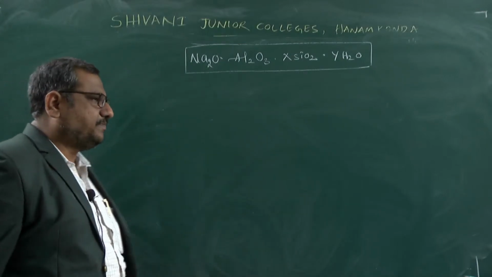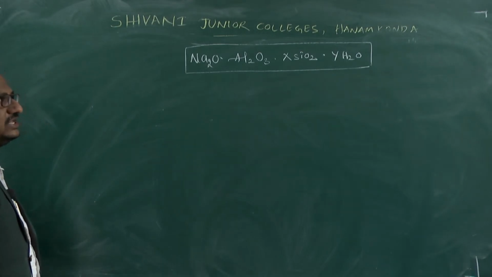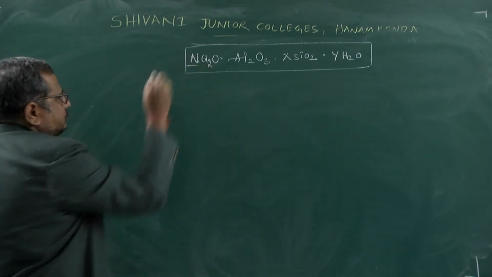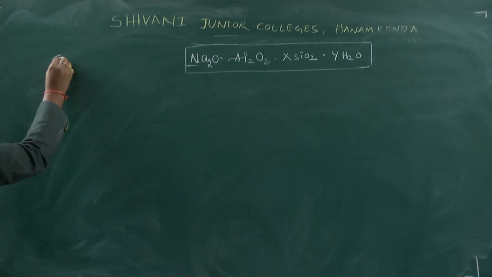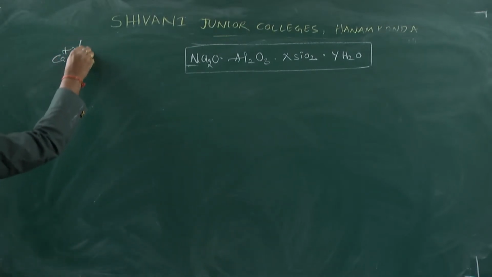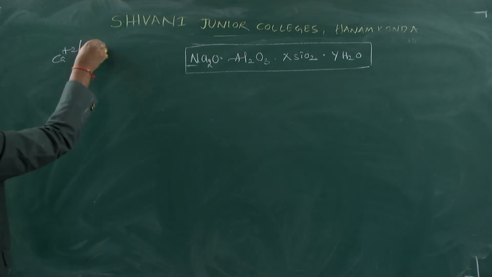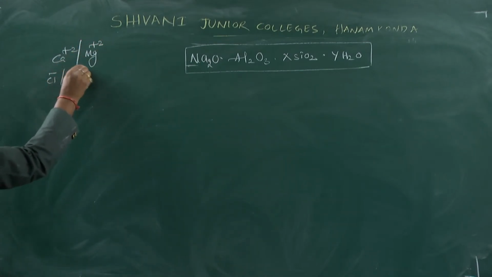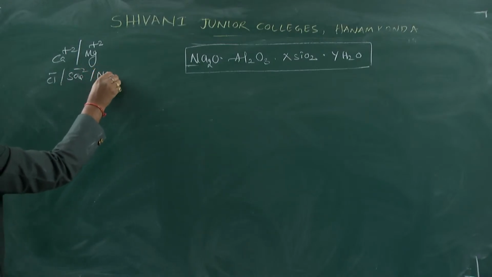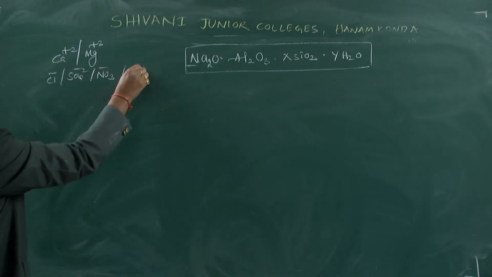In the zeolite process, sodium ions are exchanged. In the hardness of water, calcium ions and magnesium ions are present, and also chlorides, sulfates, nitrates, bicarbonates are present in the solution.